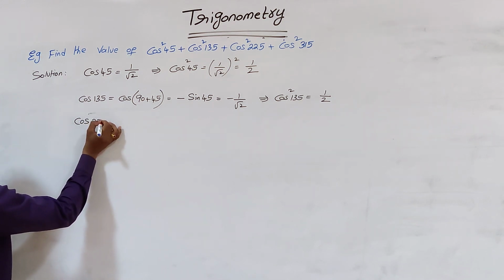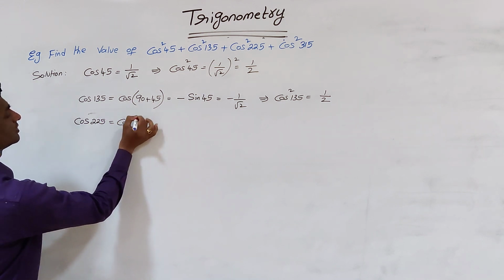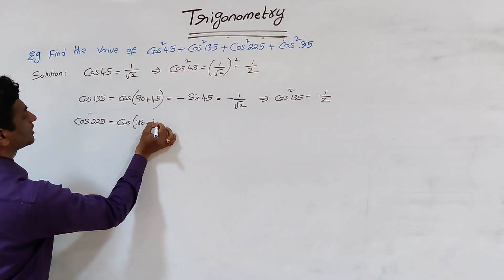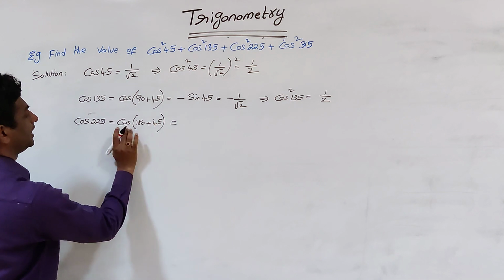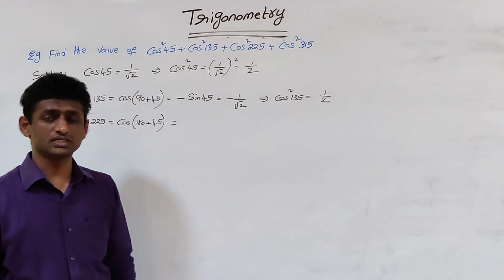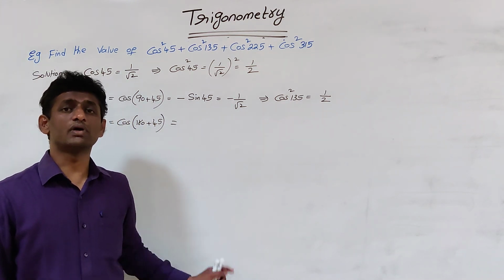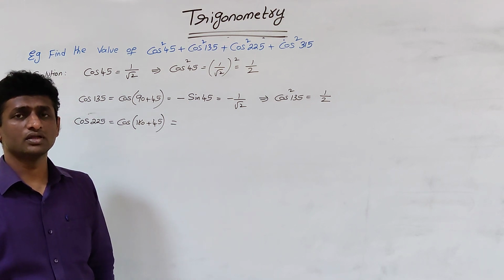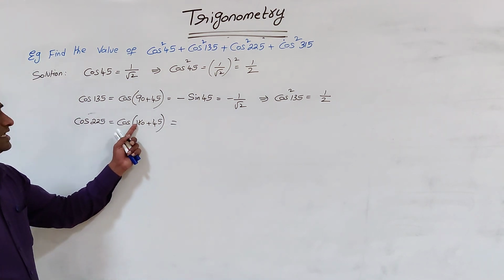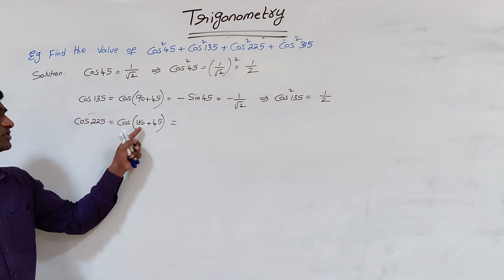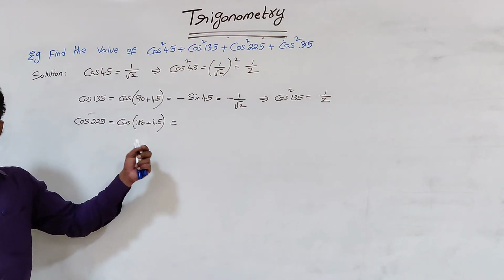225. So it will be cos of 180 plus 45 degrees, which means it is in the form of cos of 180 plus theta. Cos of 180 plus theta is minus cos theta. Why? Because it is an even multiple of 90, that is 2 times 90, so the trigonometric ratio does not change.